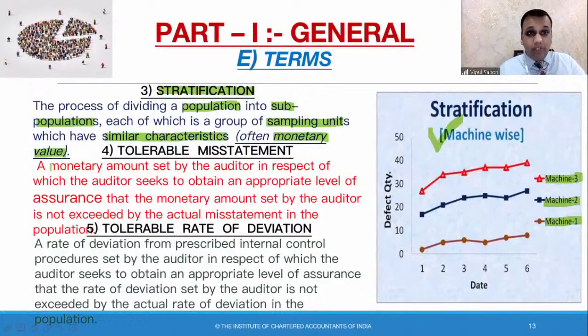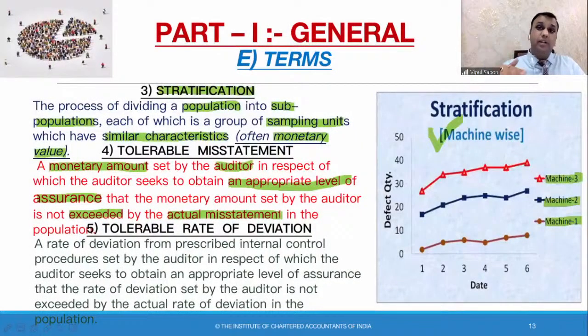Tolerable misstatement is a monetary amount set by the auditor in respect of which the auditor seeks to obtain an appropriate level of assurance that the monetary amount set by the auditor is not exceeded by the actual misstatement in the population.